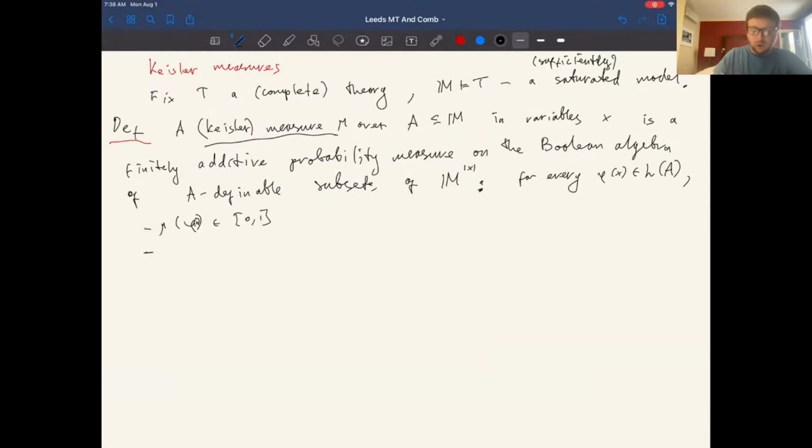The measure of the whole space is 1, which we can equivalently write as the measure of the formula x equals x is 1.